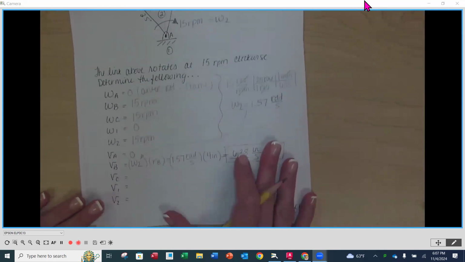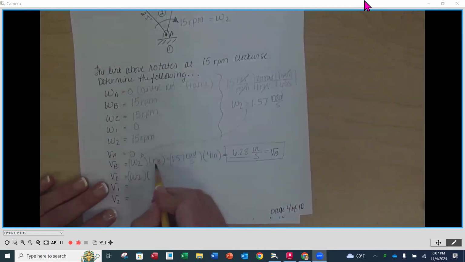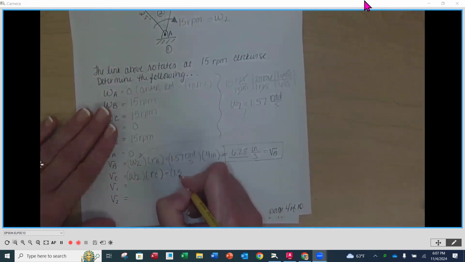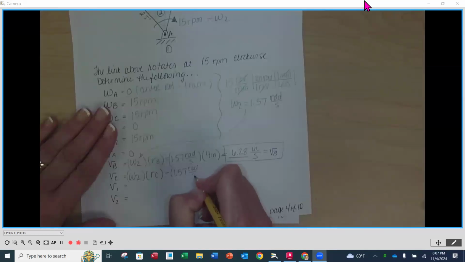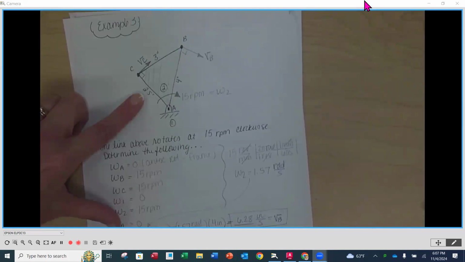So now down here, same equation-ish. W2, on link number 2, times the radius this time to C. So it's on the same link, so it's going to be the same 1.57 radians per second times 2.5 inches this time.